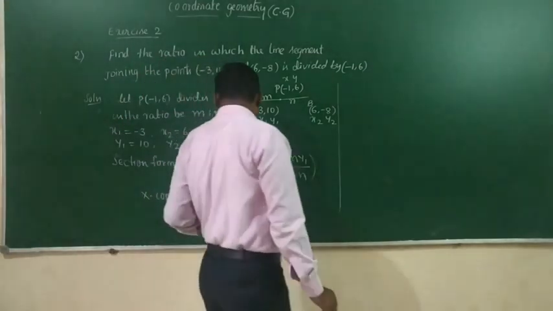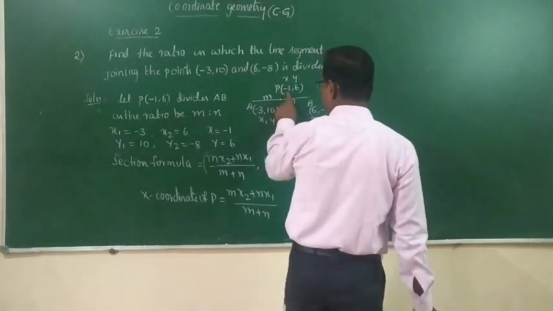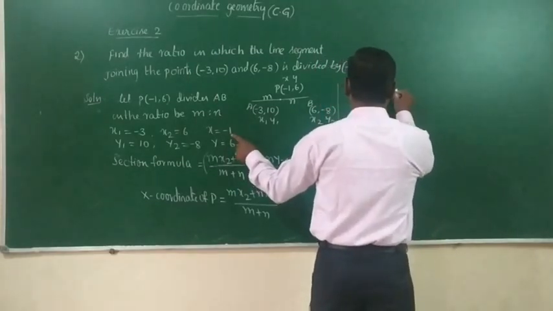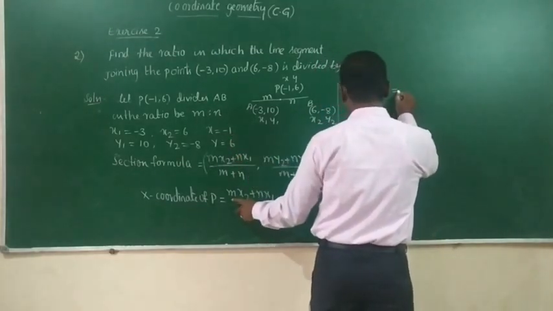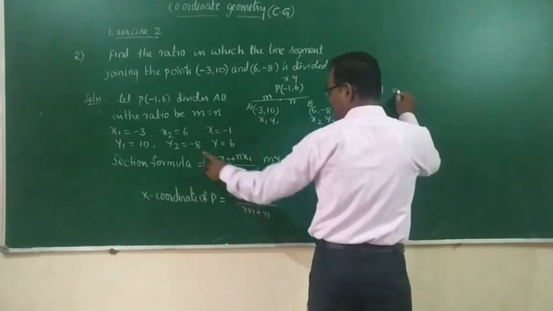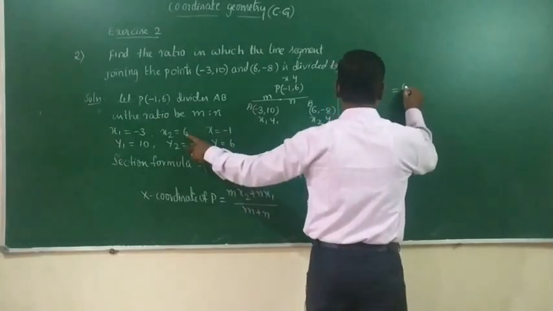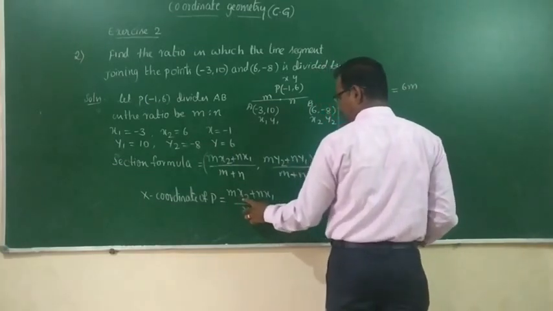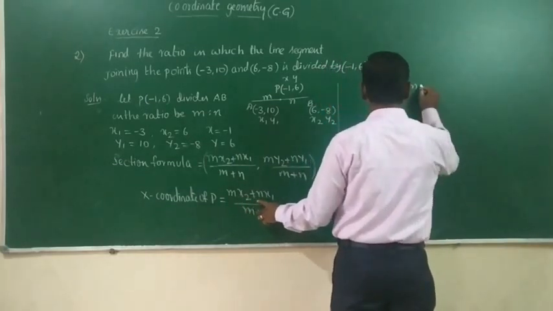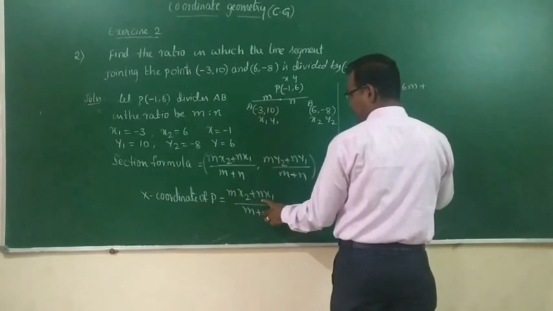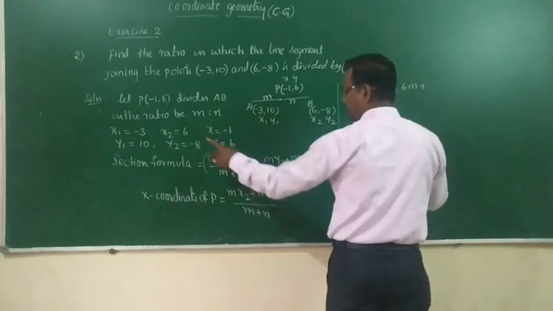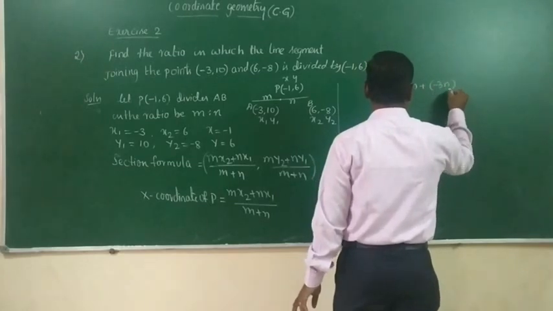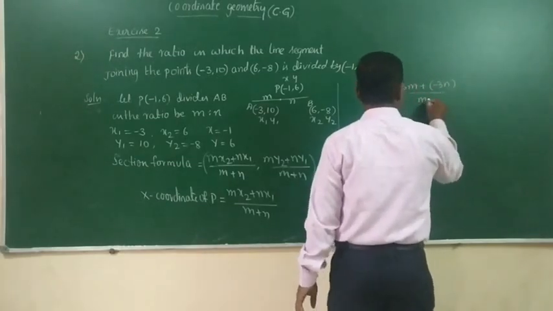Now x coordinate of P, which is x coordinate of P here? -1. Yes, -1 equals m, as it is x2 here, 6 into m into x2 value 6 plus n x1 minus 3. So minus 3n by m plus n.